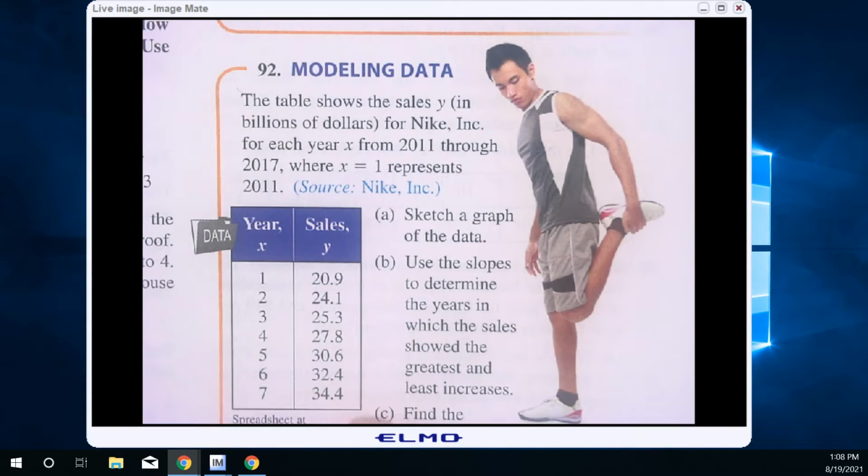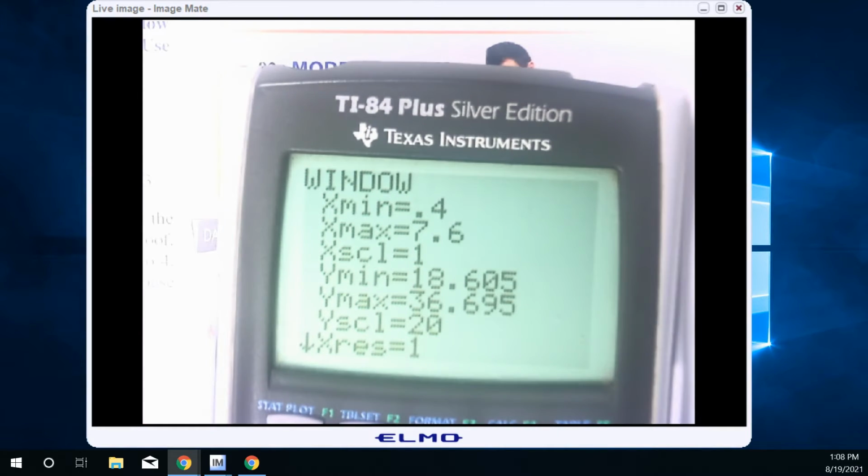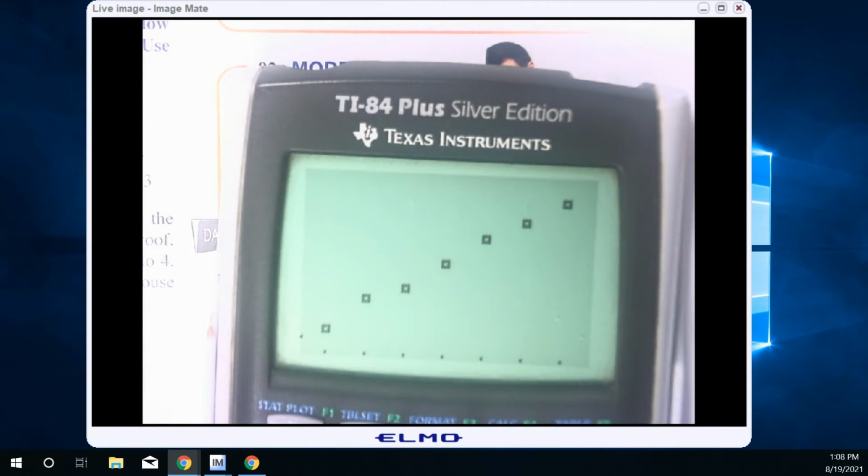So if you do a zoom stat, it will take you to the best window for the data that you entered. And if you push window, look at what happened. It changed mine to 0.4, 7.6, and 18 to 36 with my scale being 20. So it automatically adjusted that window for me. Okay. So there is A.